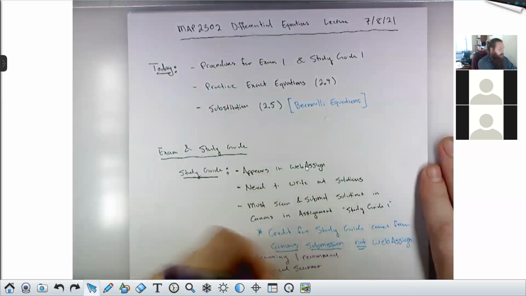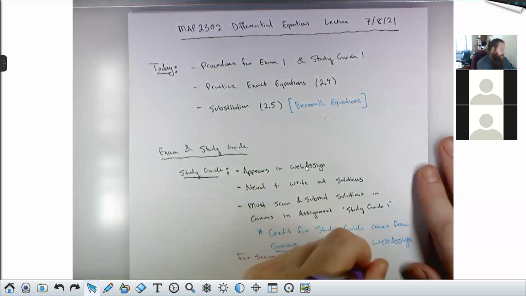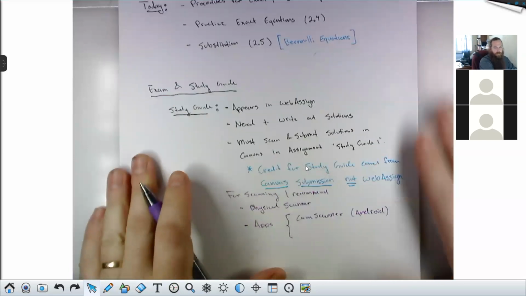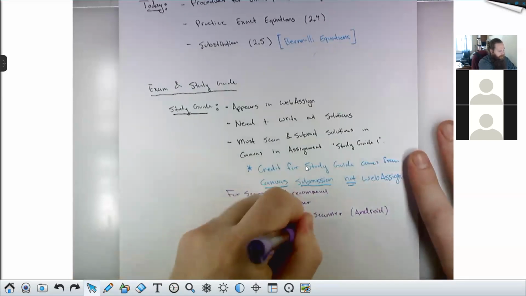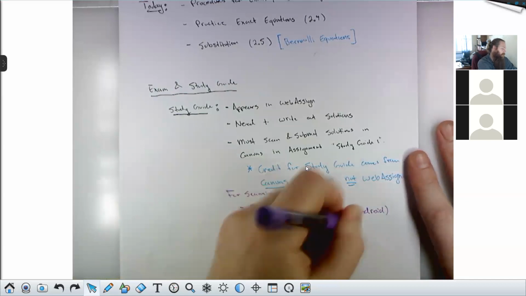Or one of the following apps. CamScanner, this is on Android. That's what I use. And the Notes app, if you're on an iPhone.